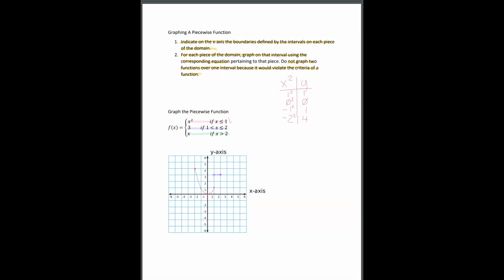And then now our last one, our x, we know he is greater than 2. So at 2, we're going to start our x equals y. So if he is 2, this one's going to be 2, right? Switch colors. So this is the identity, right? Y equals x. So if this guy's 2, he's going to be 2.